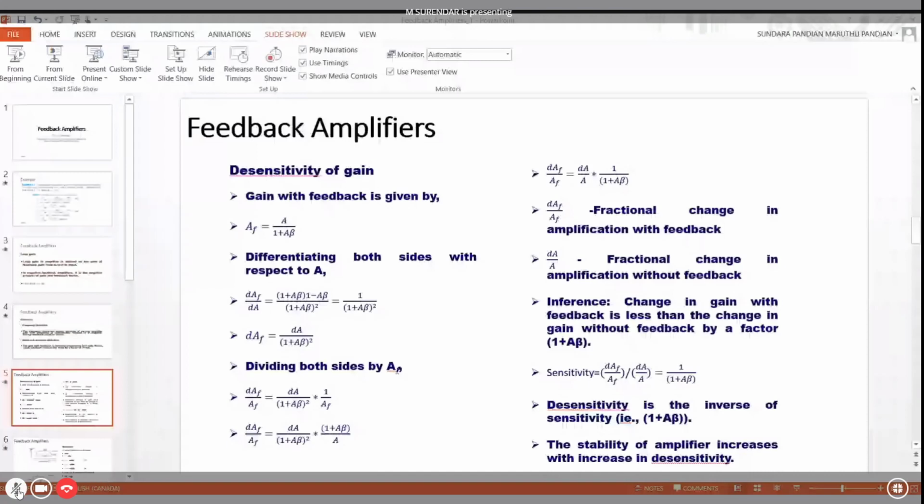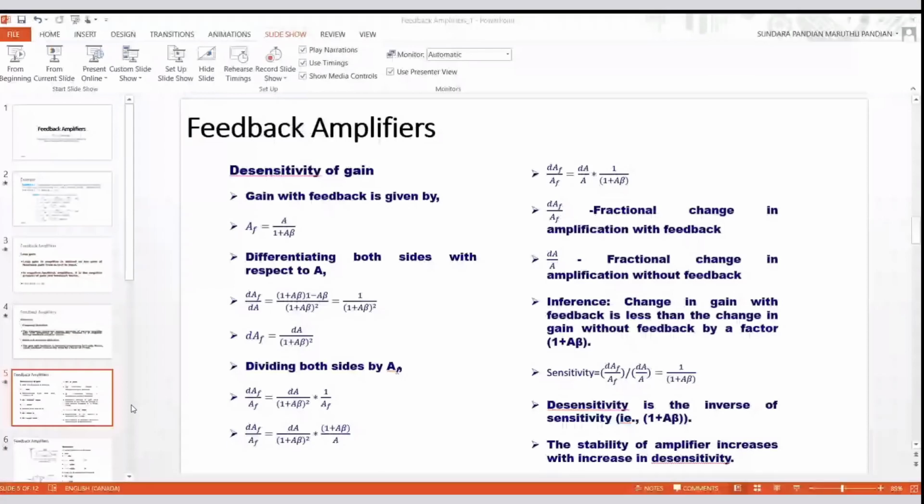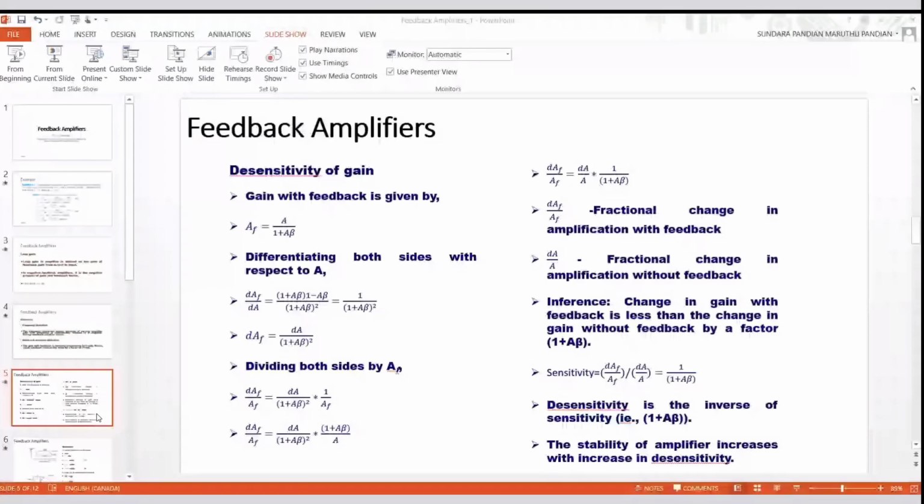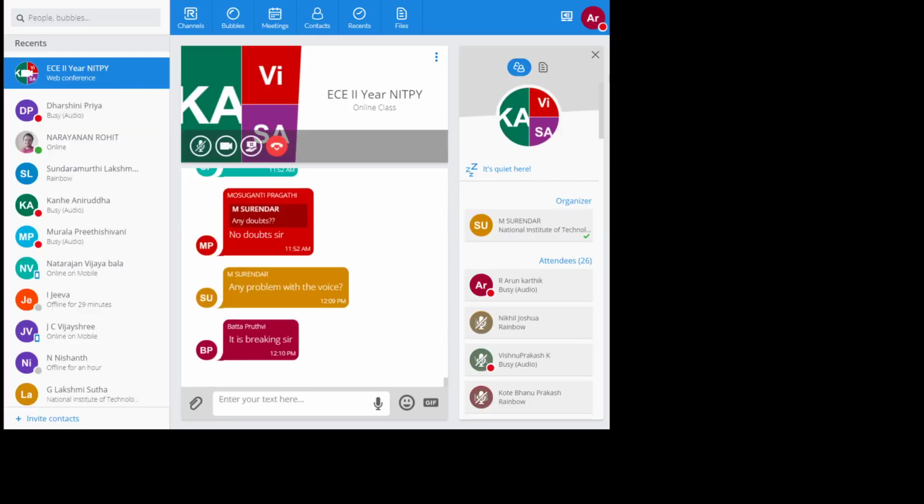Sir, two minutes before we couldn't see your screen and your voice is cracking. Okay, one minute. Is it okay now? Now the voice is okay, but the screen is not displayed.